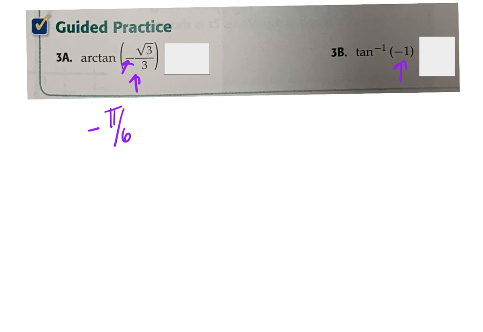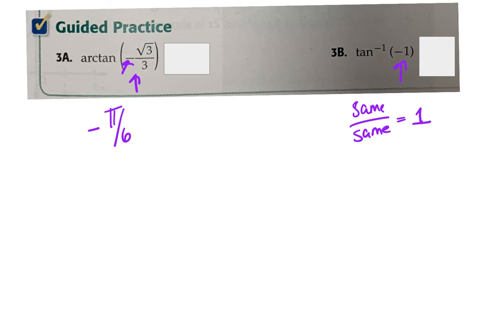All right, -1. This is potentially going to be on a pi over 4, because they're the same value. Same value over the same value will always give me a 1. Which one has an x and y that's the same value?